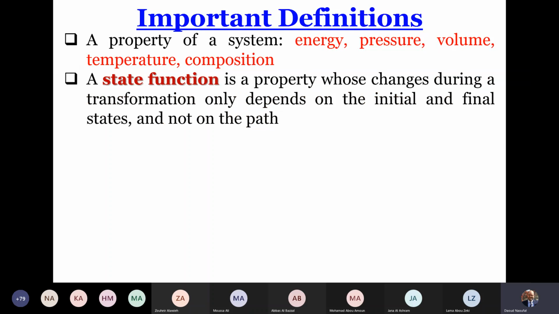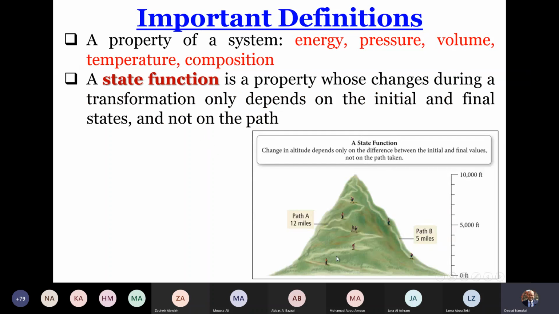I will consider this example. I have 2, 4, 6, 8 persons that will pass from down to up. I will consider these two persons, person 1 and person 2.